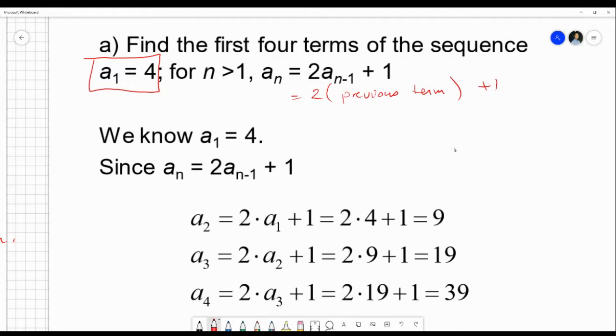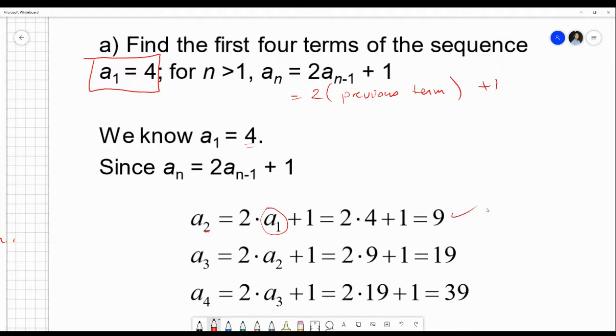We already know that a_1 is 4. To find a_2, which is now our current term, we take 2 times the previous term, which is a_1, plus 1. The previous one is equal to 4. Then we plug into our formula: 2 times 4 plus 1 is 9.